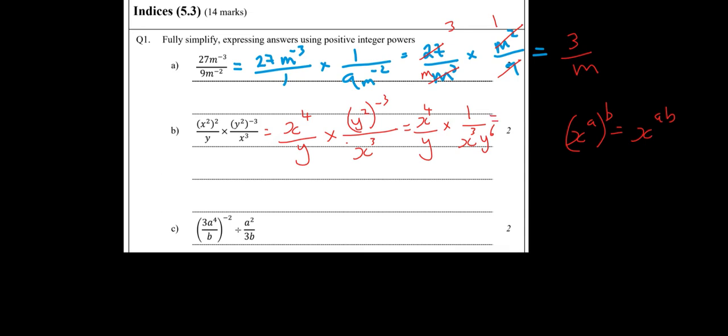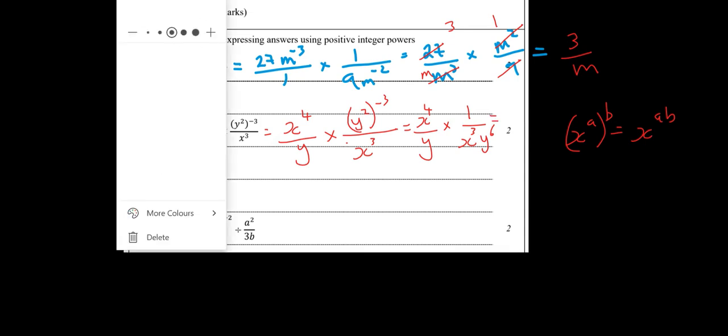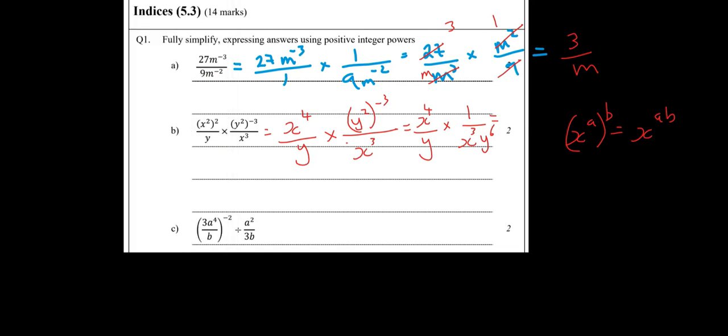Okay, so we can cancel just to give x all over y to the 6.